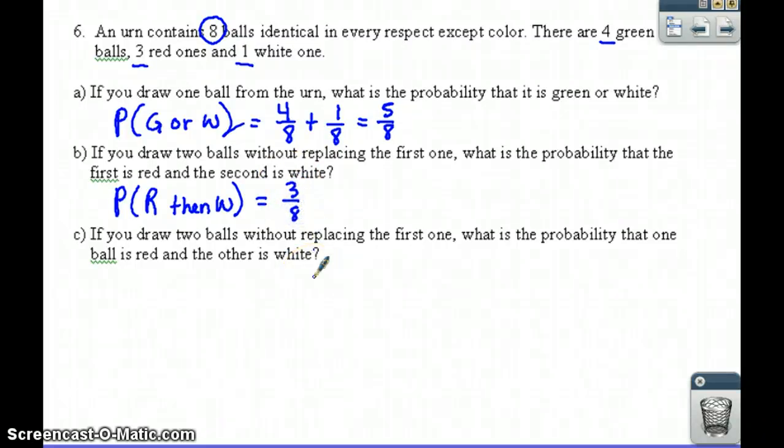The probability we reach in and pick a white one is 1 out of, well, it says without replacing. So how many balls are left in this urn? Well, there's only 7. So 1 out of 7 times now the second ball is going to be white. Now this is an and problem. And implies we're multiplying. So 3/56 of the time that is going to happen.